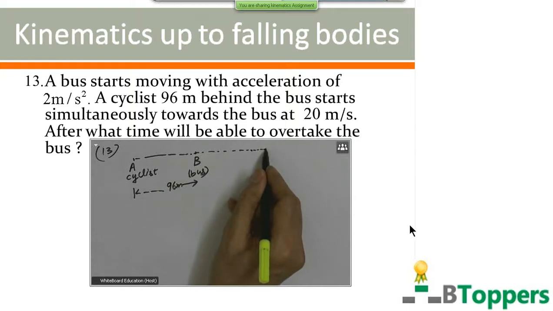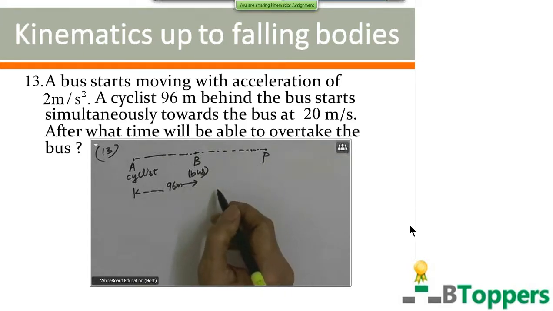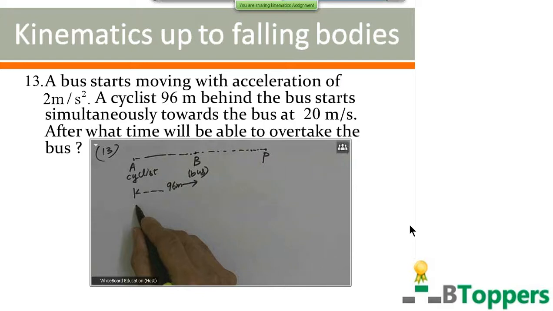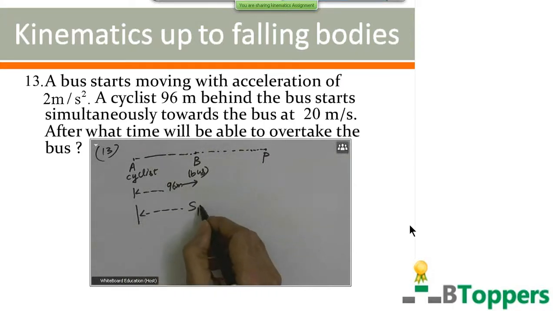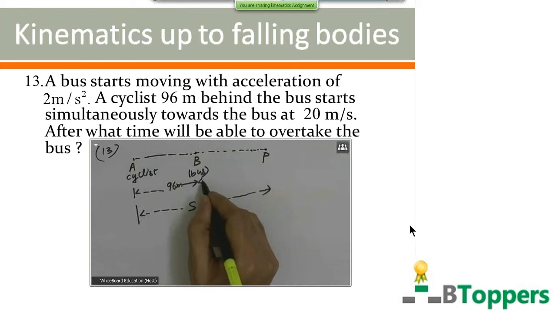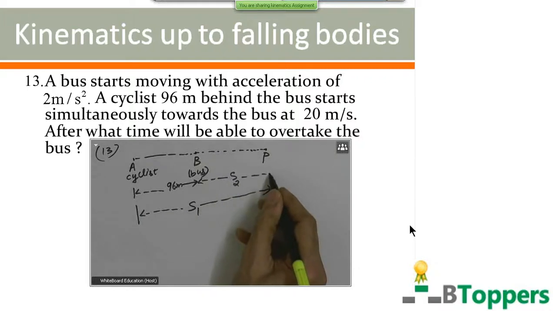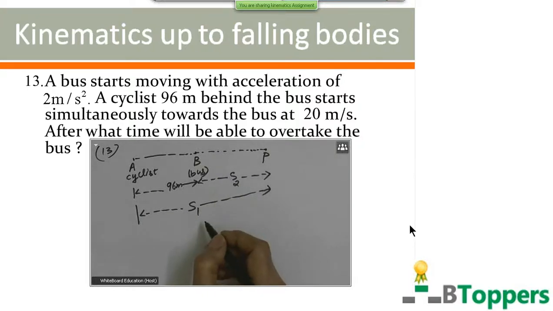Let us suppose the cyclist will be able to overtake the bus at the position P after time T. That means the cyclist travels a distance S1 from A to P and the bus travels a distance S2 from B to P before the cyclist overtakes the bus.